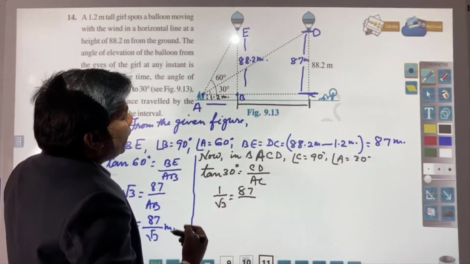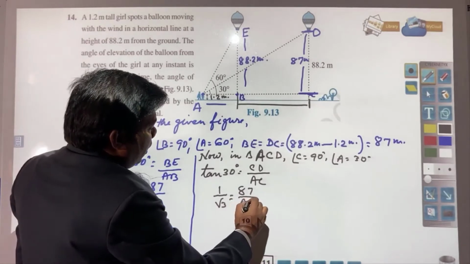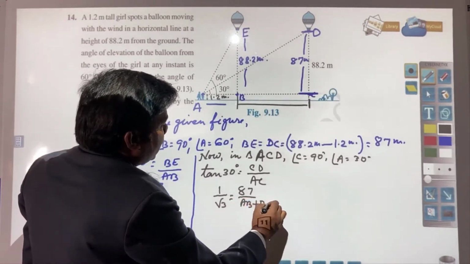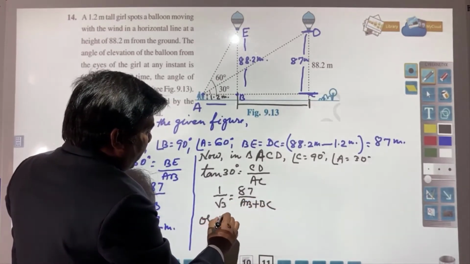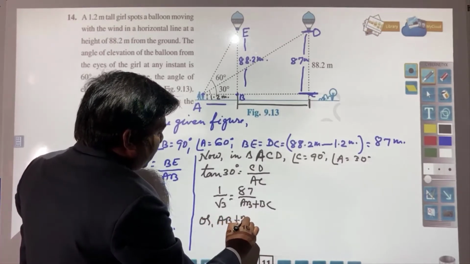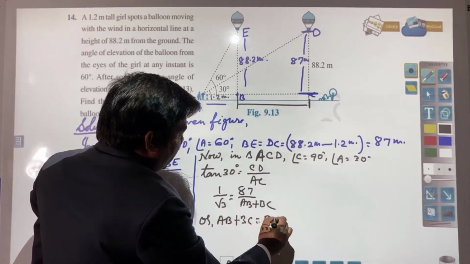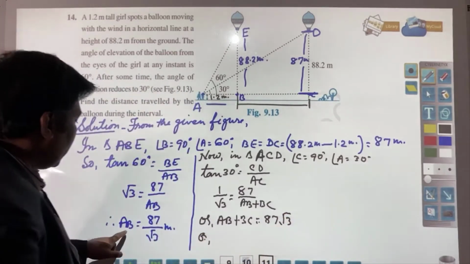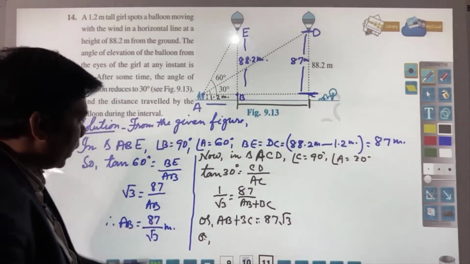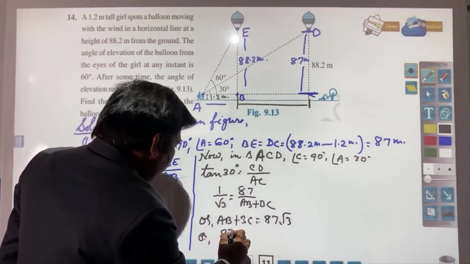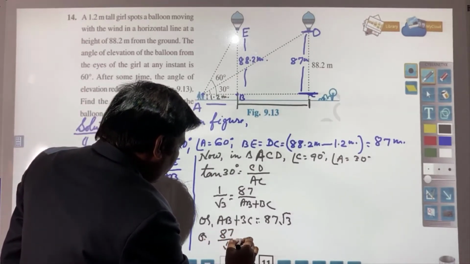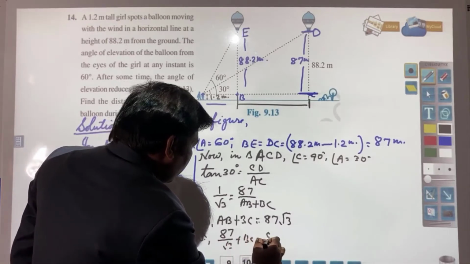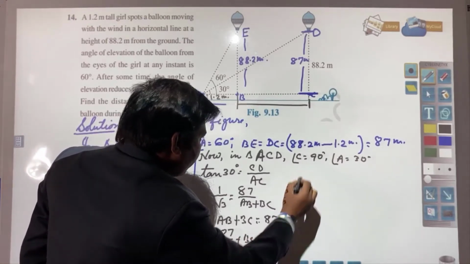AC we can write as AB plus BC, so AB plus BC will be equal to 87 root 3. AB we have already found, that is 87 by root 3, plus BC is equal to 87 root 3.